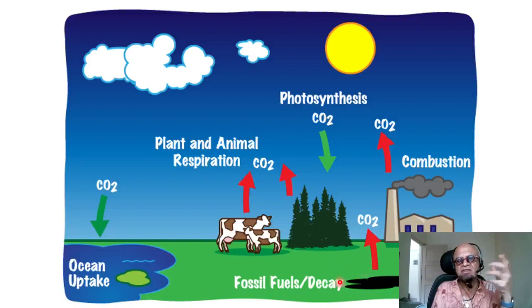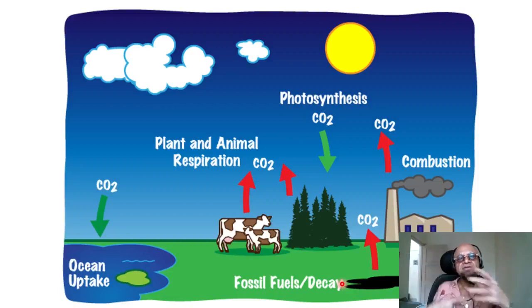Okay, and there are things that are decaying. If you throw some food outside, it's going to be respired by bacteria and microbes which eat them, or some animal will eat it, some bird will eat it. If you put rice outside, a crow is going to come and eat it, and then the crow is going to digest the rice and release CO2.